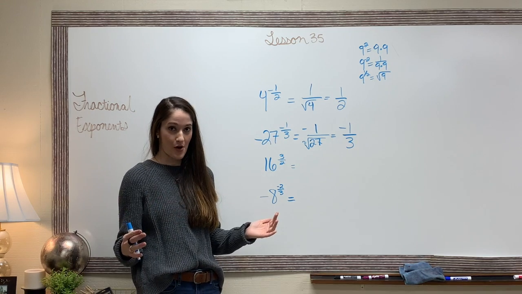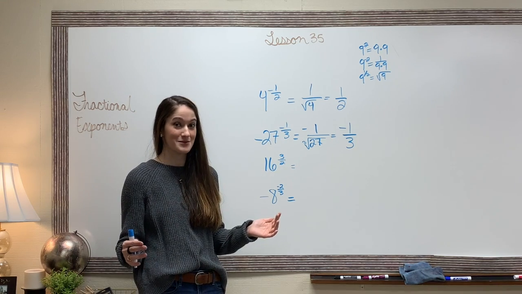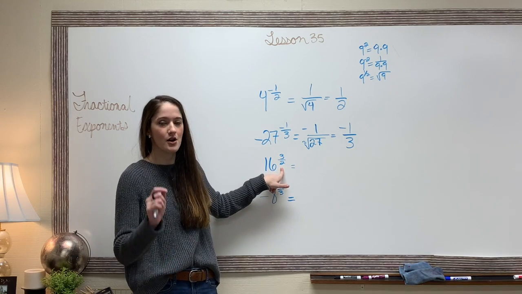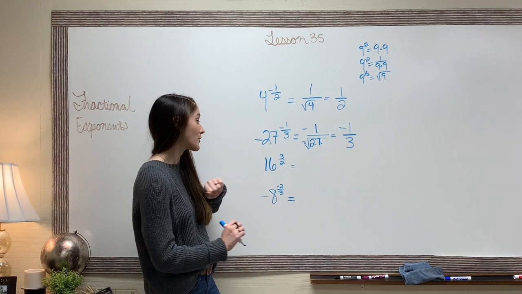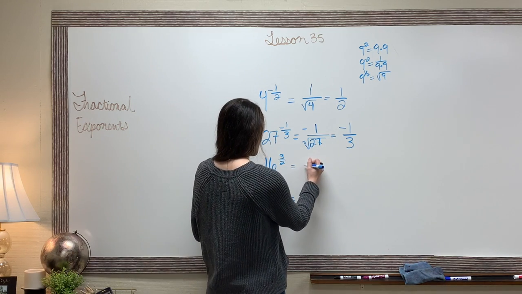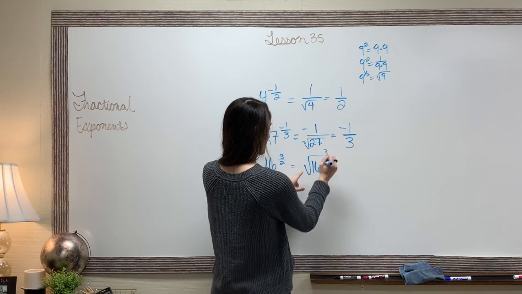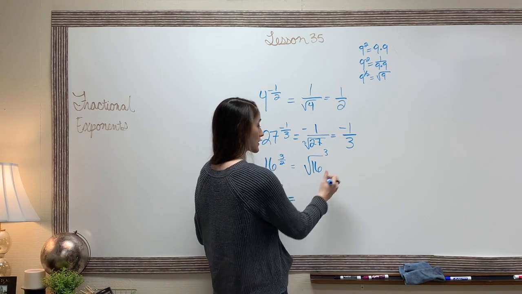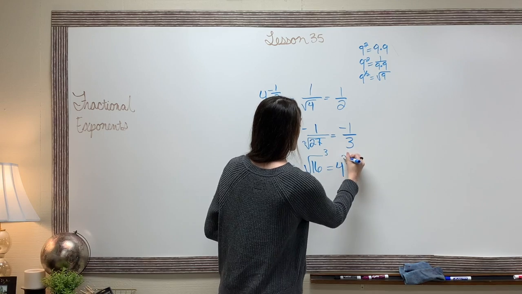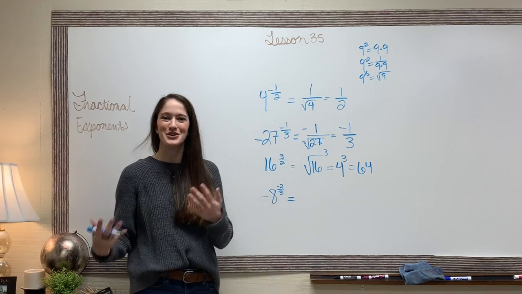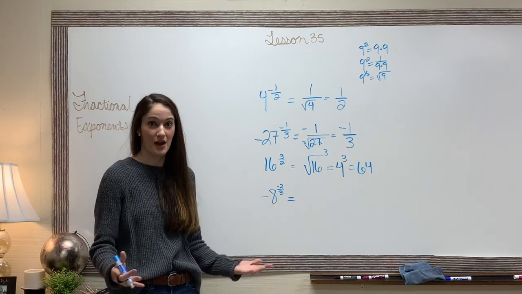Why would I make math hard on myself and do 16 times 16 times 16 whenever I'm about to square root 16 and make it a smaller, much more manageable number? So I'm going to square root this first. So I would say 16 square rooted, and then I would put that cube up here. So the square root of 16 is 4. So 4 cubed is 64, and that is a much more manageable number to multiply with or without my calculator.